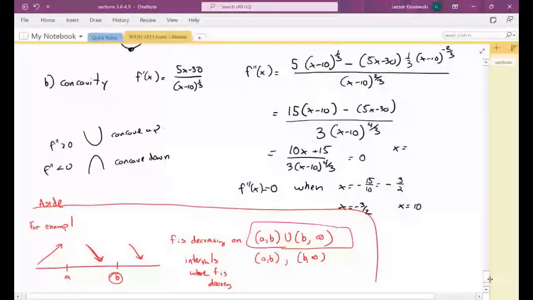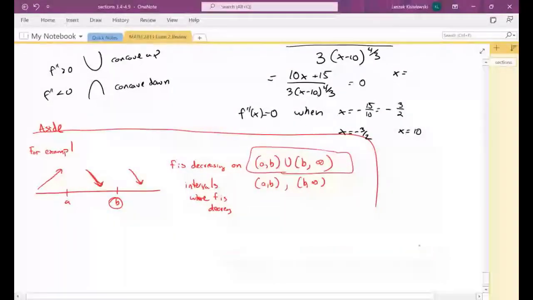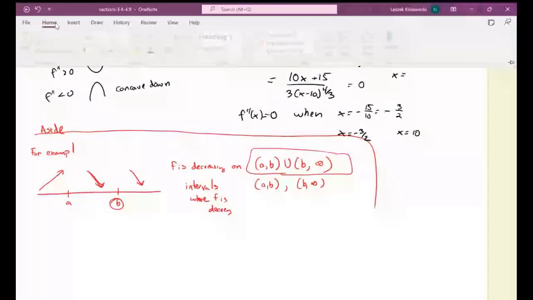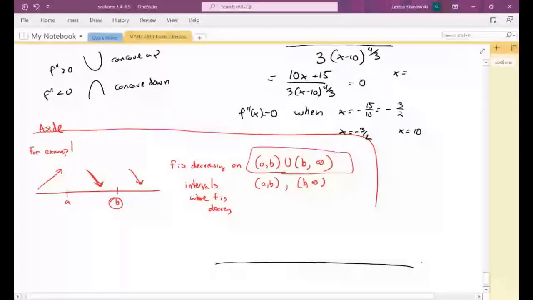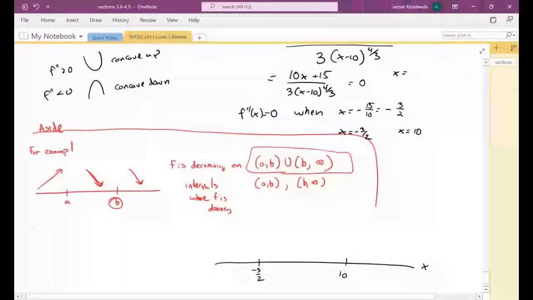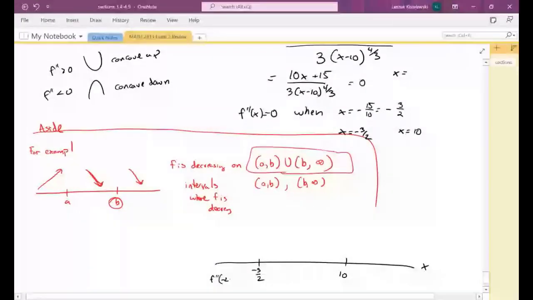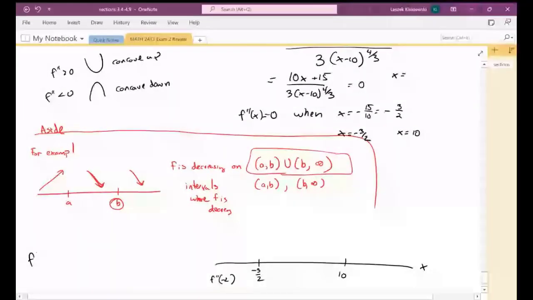All right. Beautiful. So on our number line for the second derivative, we would get -3/2 and 10. Okay, so that gives you 3 intervals. Would the second derivative be positive or negative on the first interval? Let's say if we use -2. Do you see why it would have to be negative just by looking at the second derivative? What do we know about the factor in the denominator?